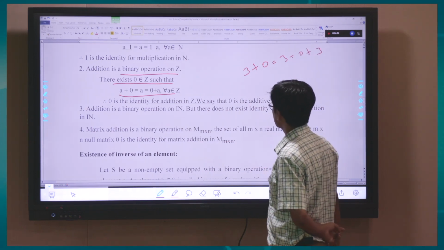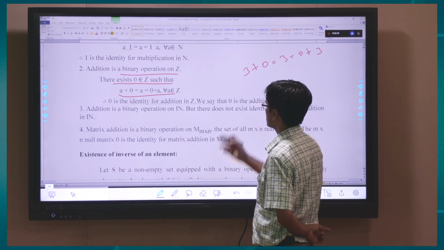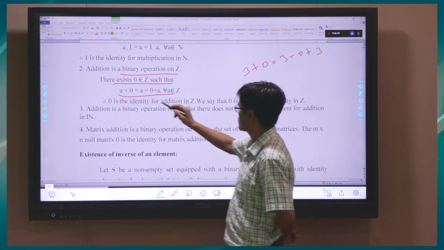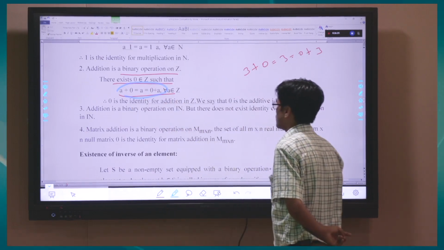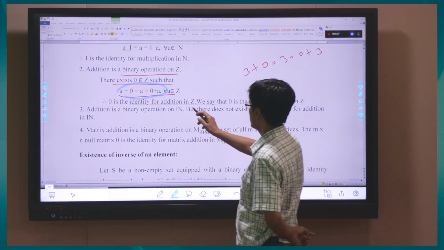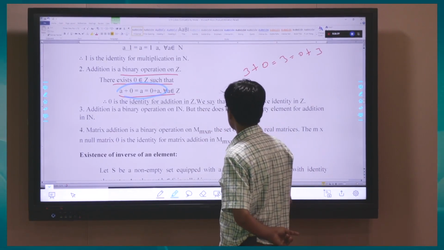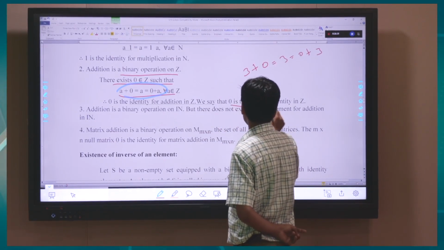For any element from the set of integers, this condition is satisfied. Therefore 0 will be the identity element for addition in Z. So 0 is also called the additive identity.